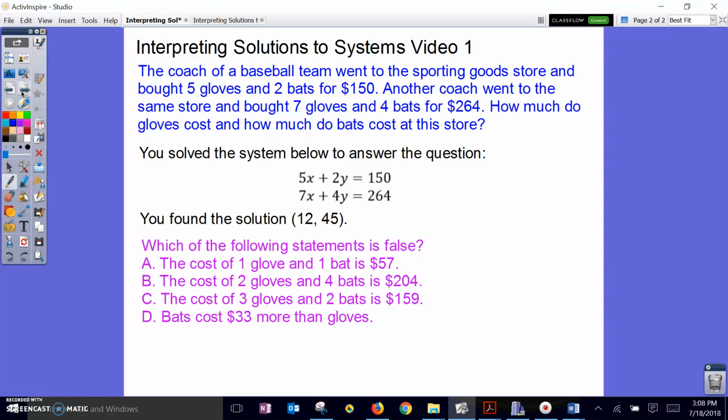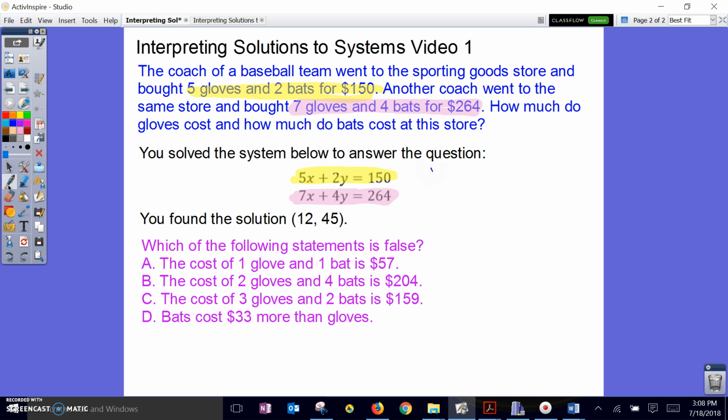We've got the system 5x plus 2y equals 150, which we notice comes from this statement right here. And we've got the equation 7x plus 4y equals 264, which comes from this statement here. So what do the variables x and y stand for in this system?